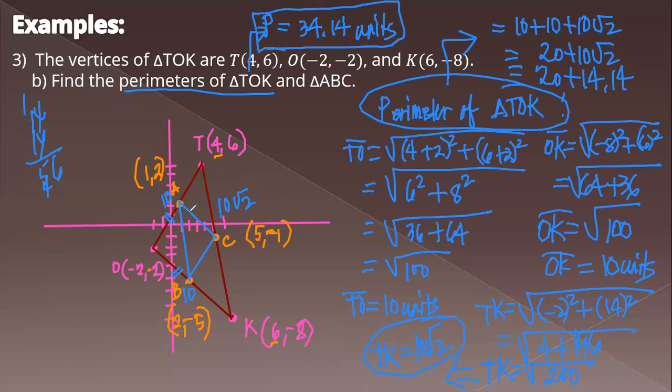So for the triangle ABC, the same process din ang gagawin ninyo. You have to get the distance formula: the distance between AB, the distance between BC, and the distance between AC. I think this is a similar triangle naman na makukuha mo dyan.